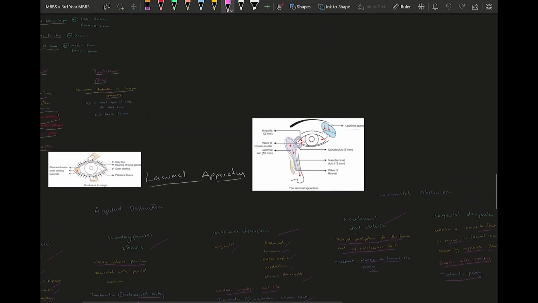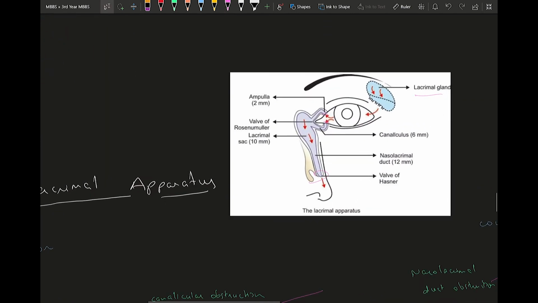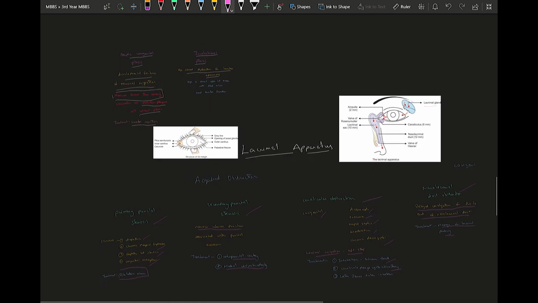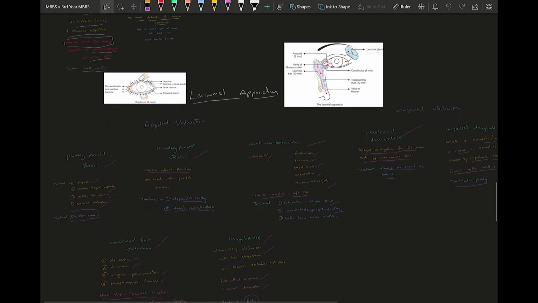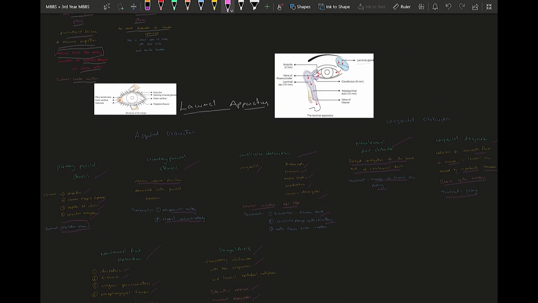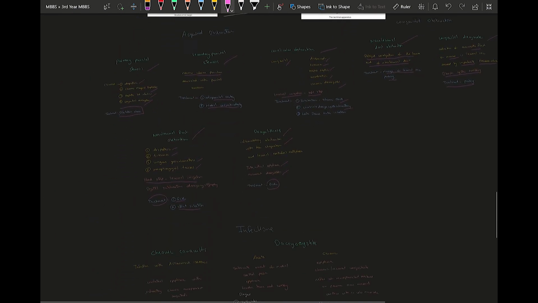So basically, what we've been seeing are the various obstructions which can happen. It can be punctal stenosis, which is primary or secondary, then canalicular obstruction, and nasolacrimal duct obstruction over here. So those are the various types of obstruction which can happen.